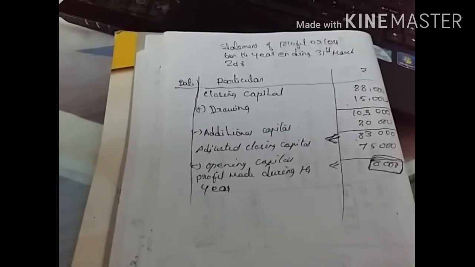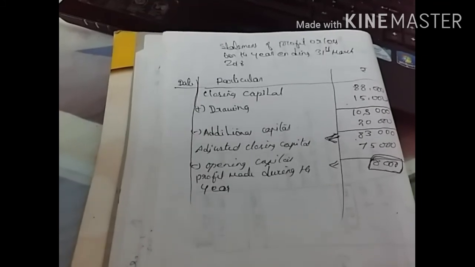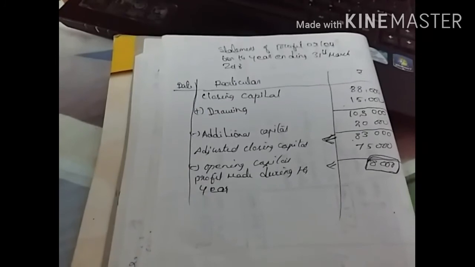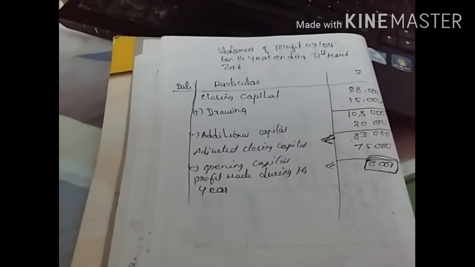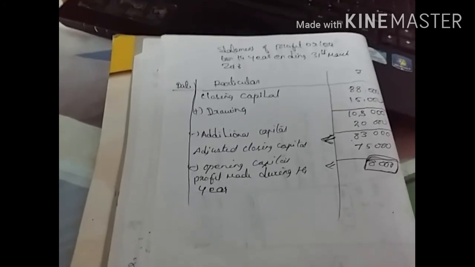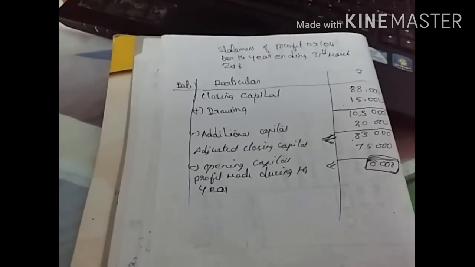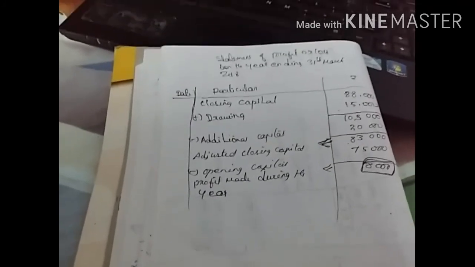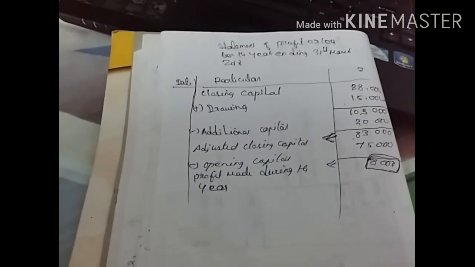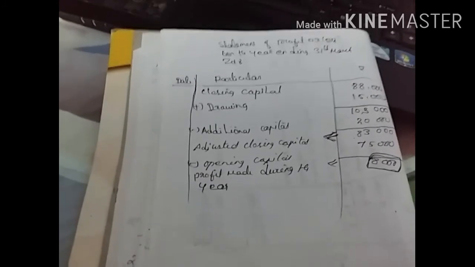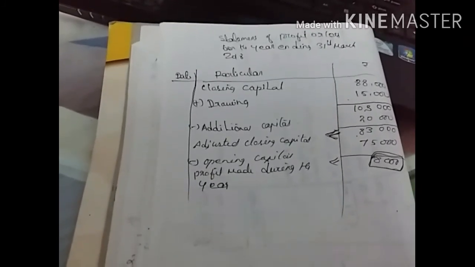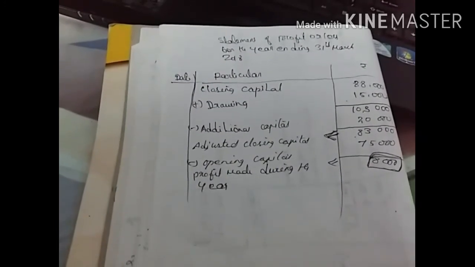You must try to work out the problems. Children, I have worked out illustration 7. You must try to work out the exercise problems. I just mentioned the number of the exercise, sorry.